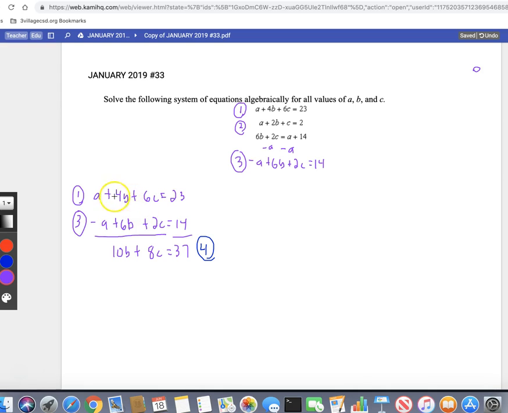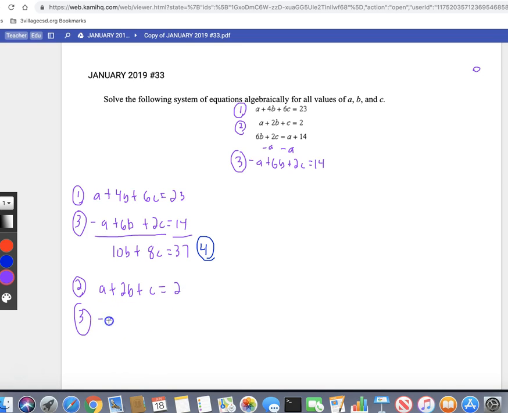So we've gotten one equation that has eliminated the variable a, and then we'll do this a second time by using equations 2 and 3, combining them together to get rid of the variable a. So I'll write here a plus 2b plus c is equal to 2.